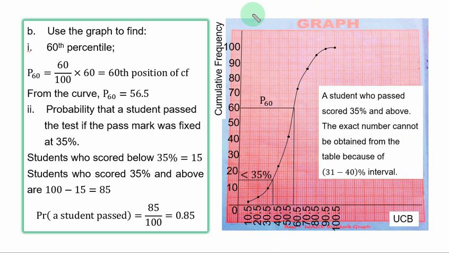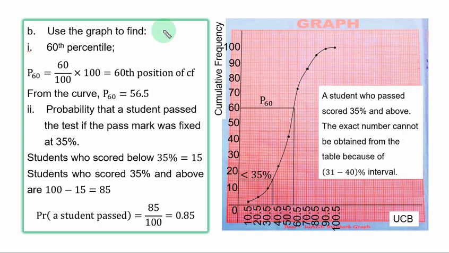You should obtain the 60th percentile. The 60th percentile is 60 over 100 times 100. The entire distribution is 100, that is the total cumulative frequency.